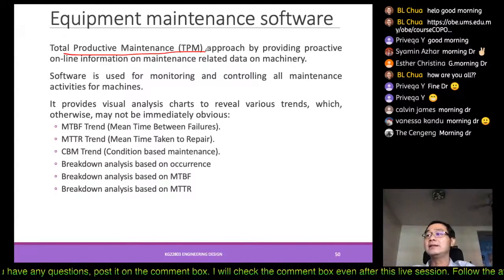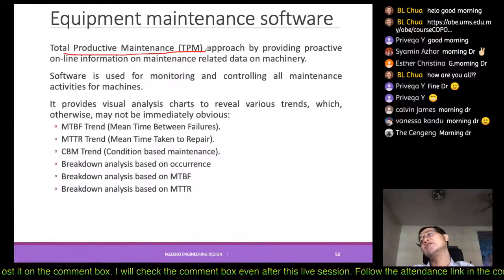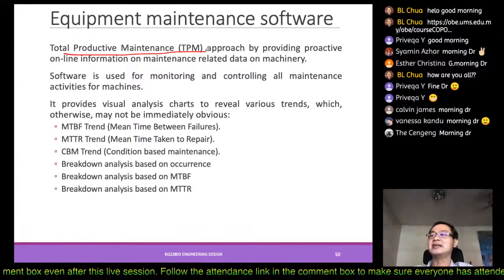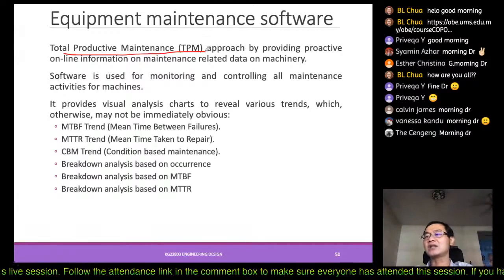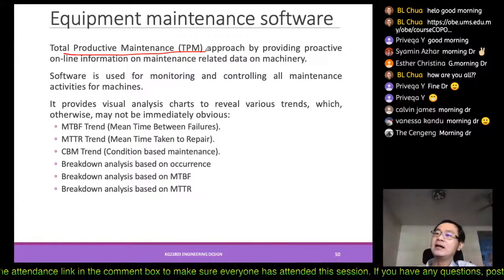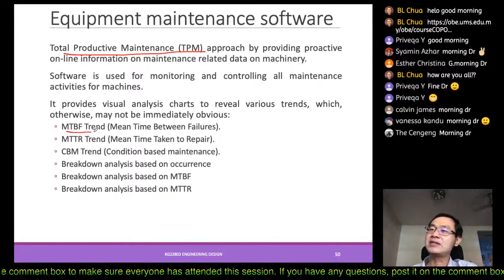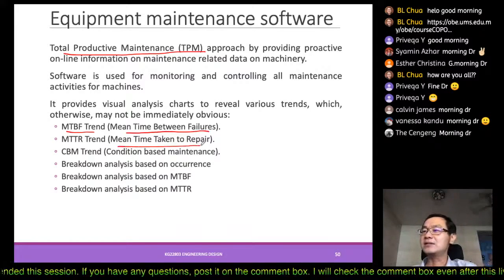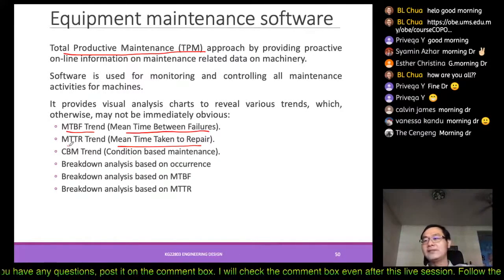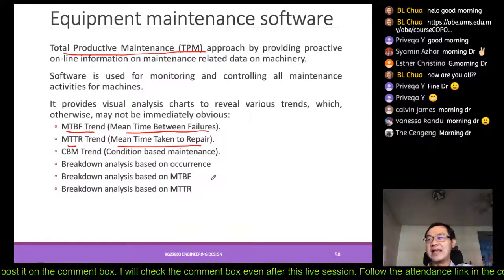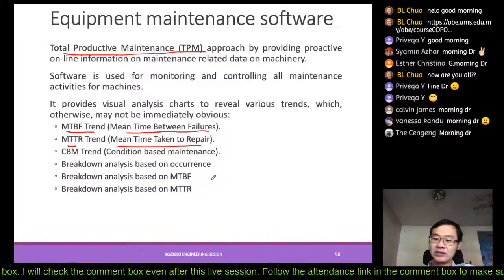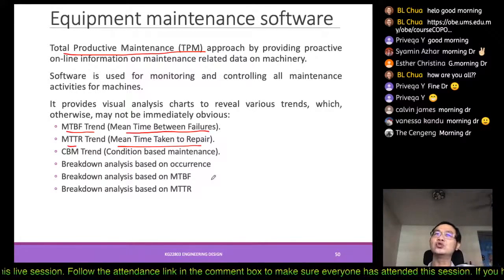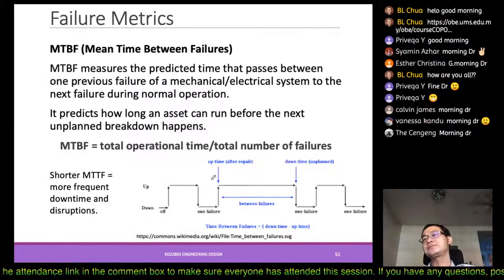Most of the time, since they have all the data, by a single click they can generate the analysis chart to visualize the MTBF, the mean time between failure, the mean time taken to repair, and the condition-based maintenance and other trends, so that you can estimate when or where you should do a maintenance.